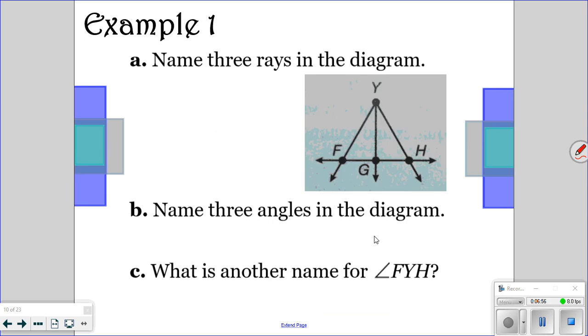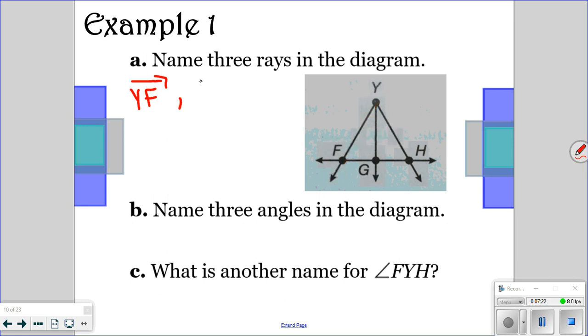So now we're going to look here. Name 3 rays in the diagram. 1 ray could be from Y to F. So ray YF. And that's the only way that you could name that one. You can't name it FY.